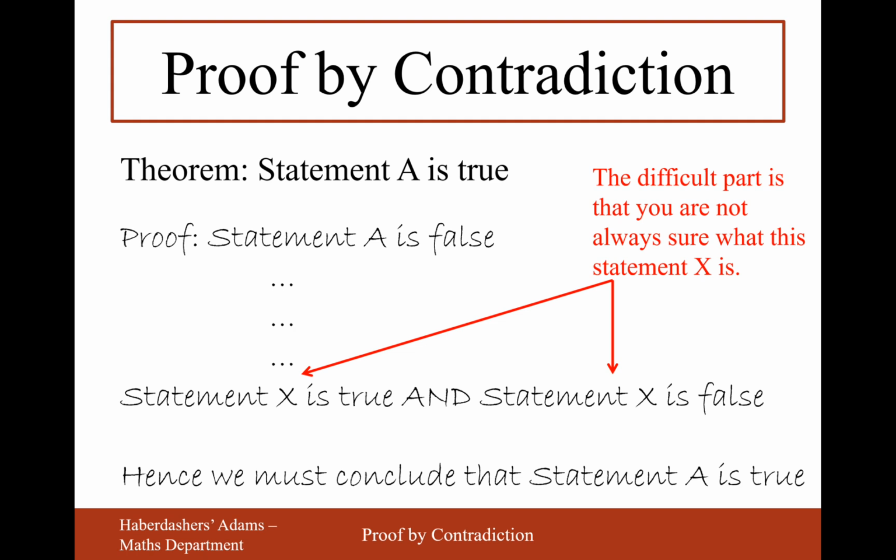And generally, a good hint is that statement X relates to statement A being false. There must be some property of statement A being false, and that will define statement X, and then you'll be led down an algebraic path that will say that yes, this is true, but also this thing here is false, and that's the contradiction.